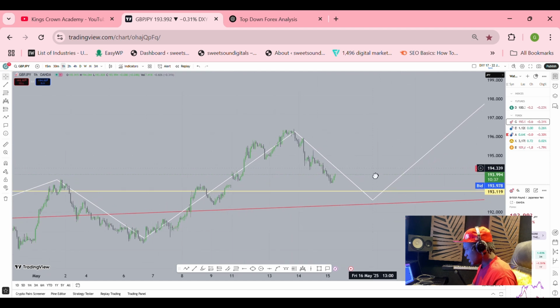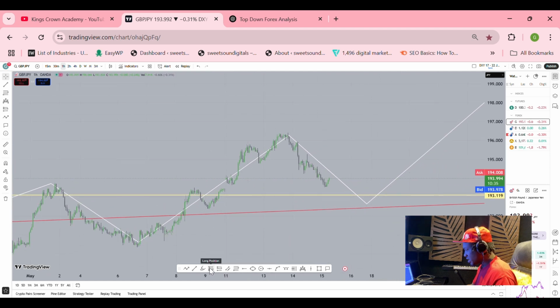Now based on this, I can put my stop loss somewhere around here. This is the setup. This is where we're waiting for price. If price comes and rejects around here, we're targeting this next high, you can easily get to 1 to 4.